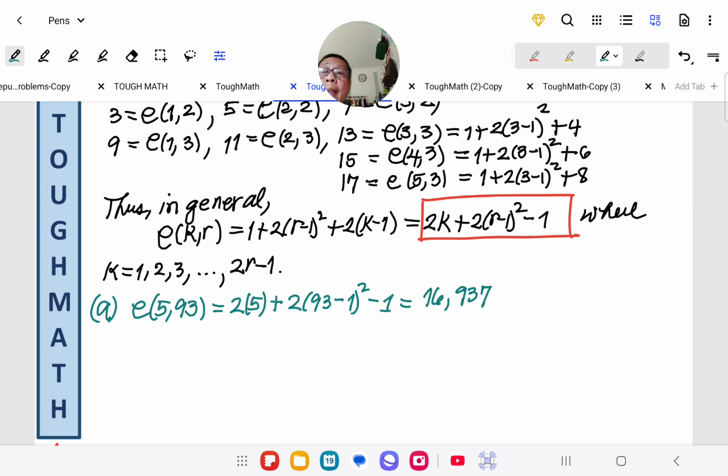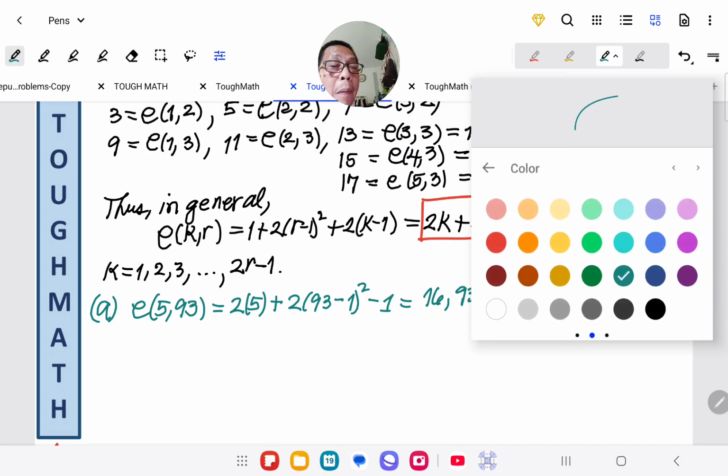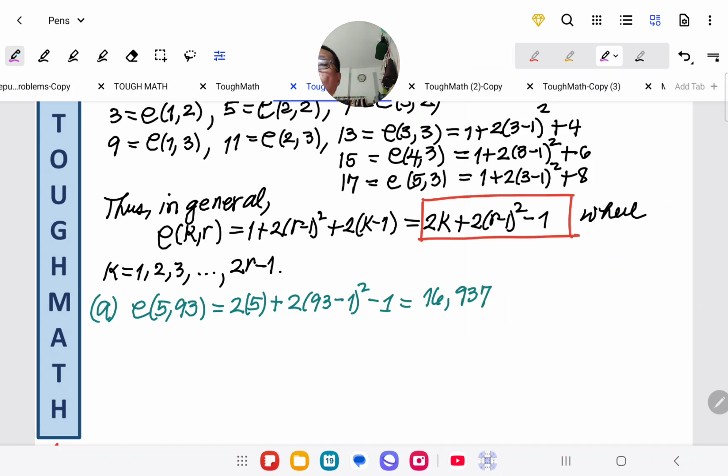Okay, so our next question is the number directly above 4137. First, we estimate R. And how do we do that?